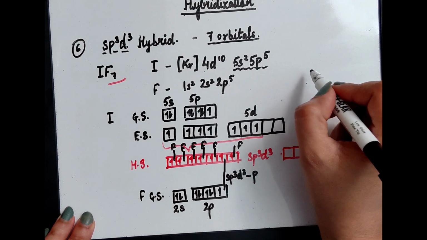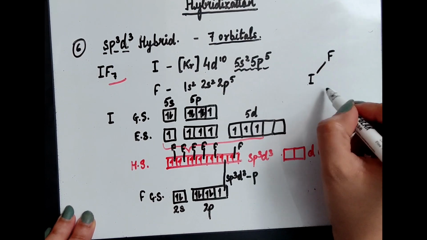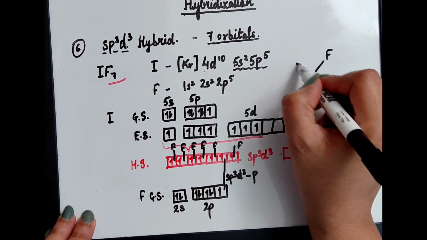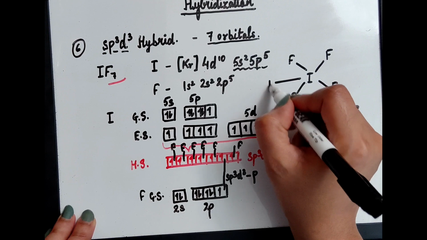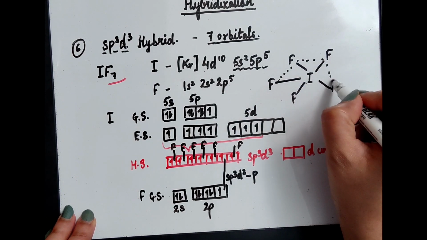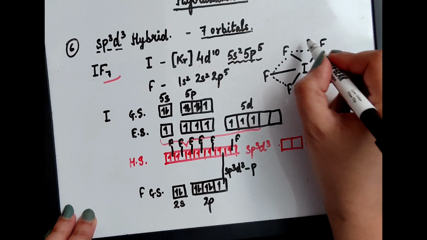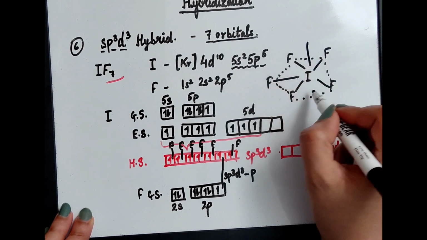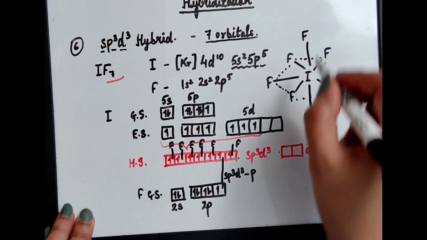And now for the structure, I is the central atom, with F, F, F, F, F. These 5 fluorine will be lying in your equatorial plane, and then 2 fluorine along the z axis will form your axial plane.